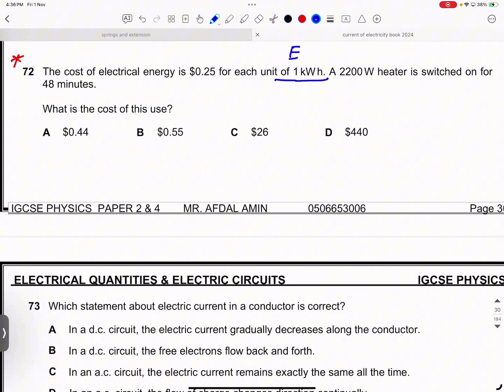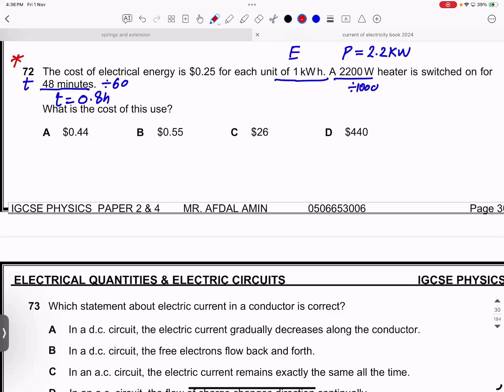A heater, whenever you want to deal in kilowatt hour, your power, which is 2,200, should be divided by 1,000 to change into kilowatts. 2.2 kilowatt. Also, the time they give you should be changed into hours by dividing by 60. When you divide 48 by 60, 0.8 hours is the time.